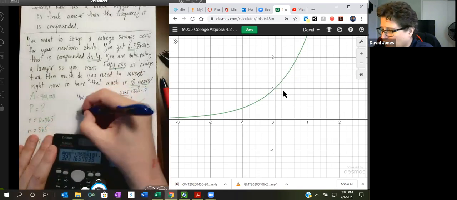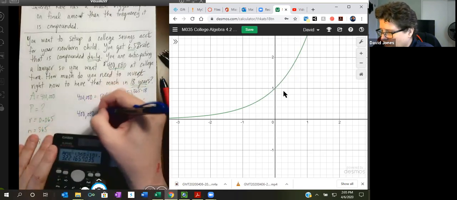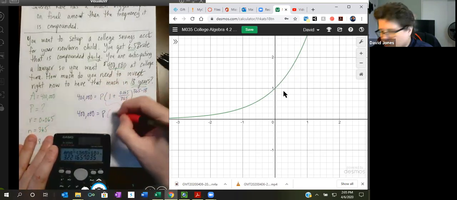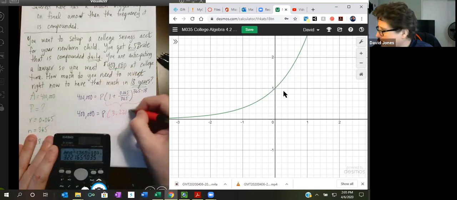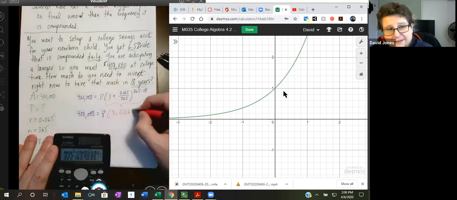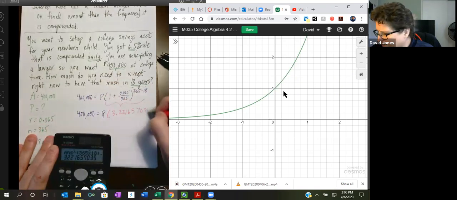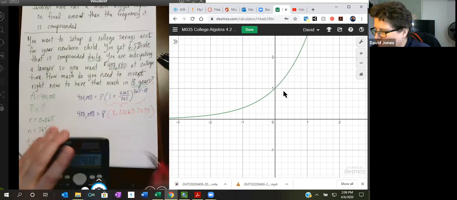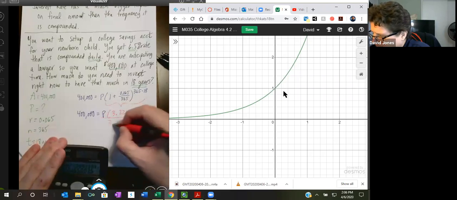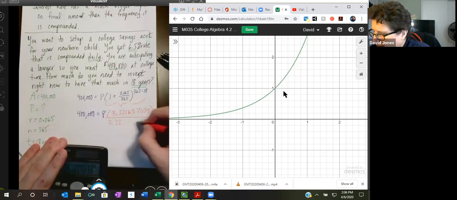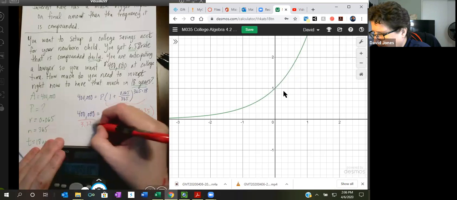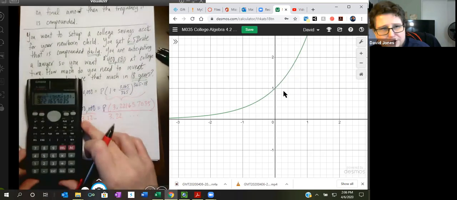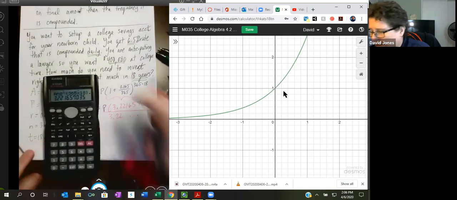So I have 400,000 equals P times 3.22165735. We divide both sides by it. Don't round. I'm going to do this in my calculator. Most calculators will work like this.